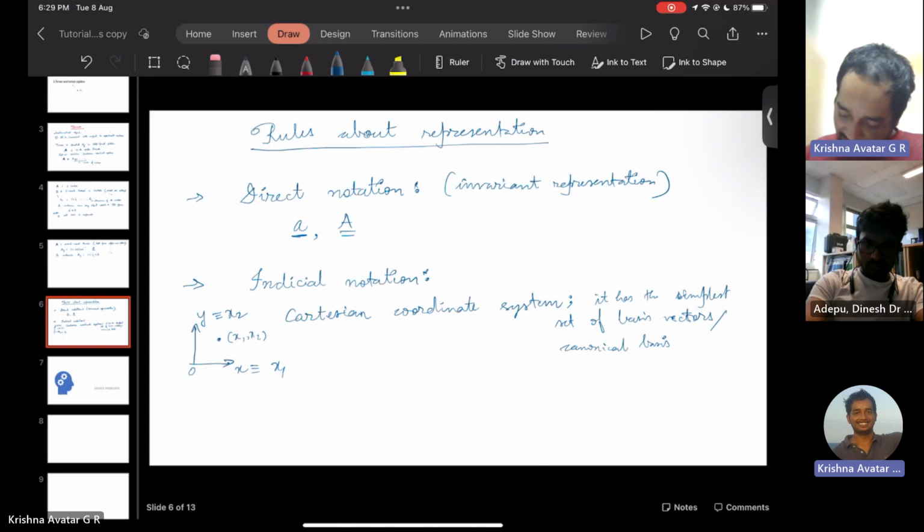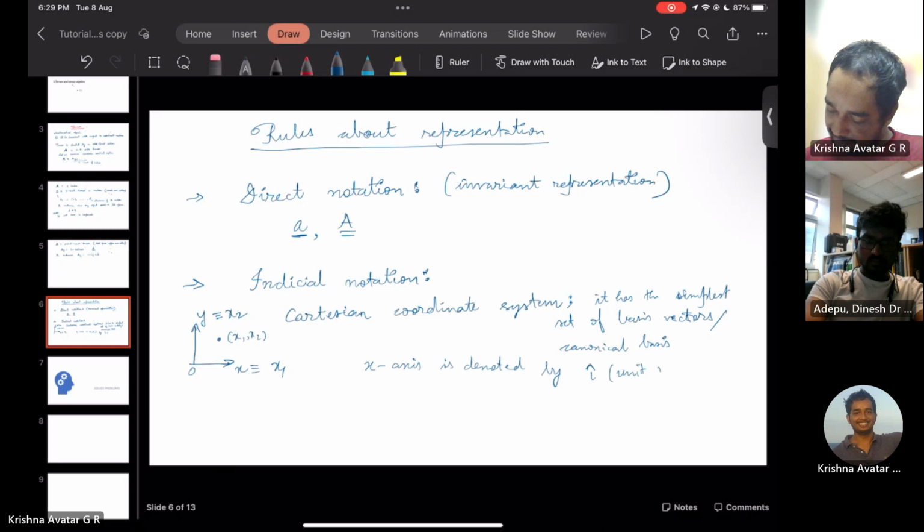And now we tend to associate direction vectors to both x and y. The x-axis is denoted by i hat, and i hat is a unit vector. I'm already jumping ahead, but I'll tell you what we mean by unit vector.